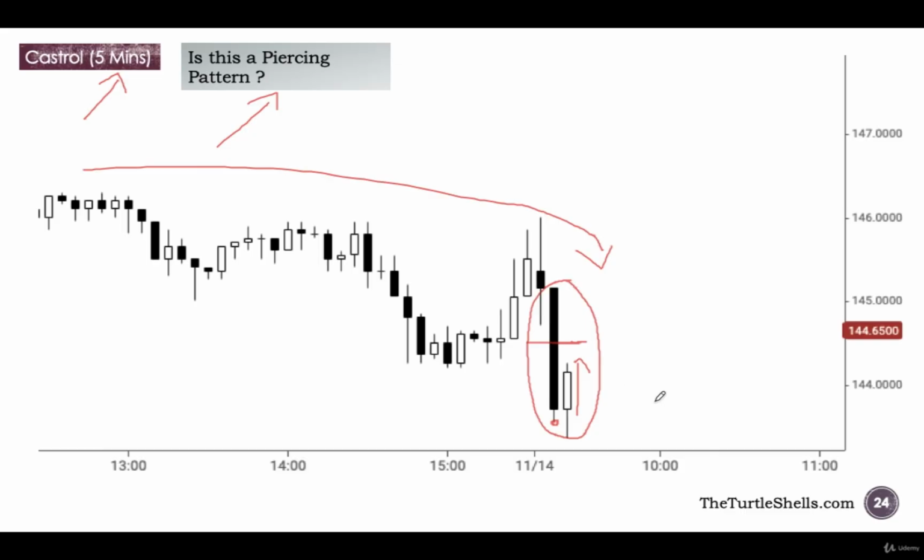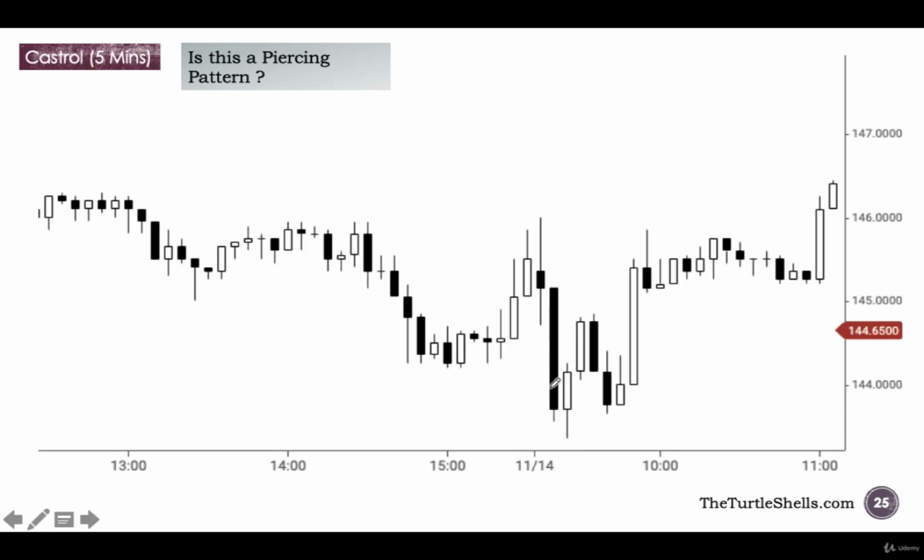Now look what happens next. See here, the low of these two candles has proved to be support because the price rallied from there. But just because it has proven support does not mean that we should have taken this trade, because if there is no pattern, irrespective of whatever else is there in the market, I do not take the trade.